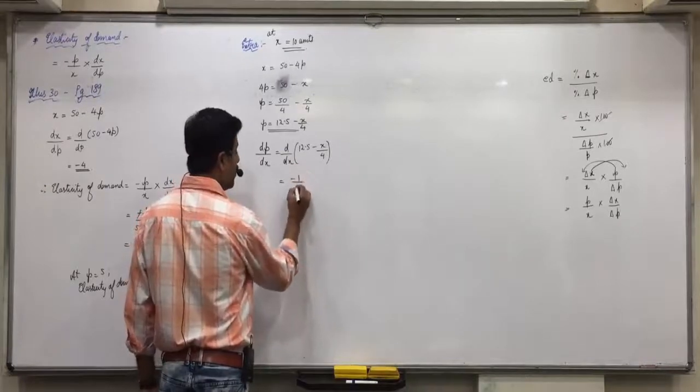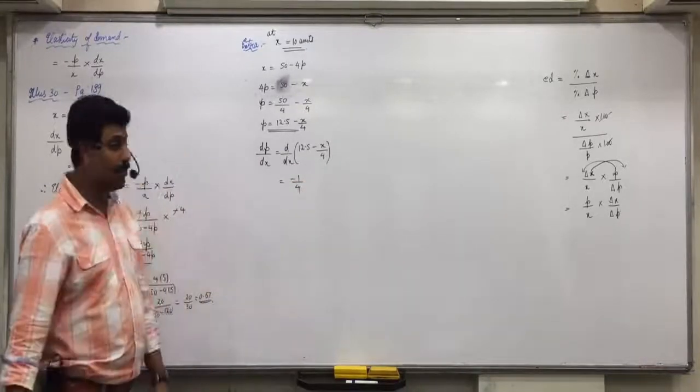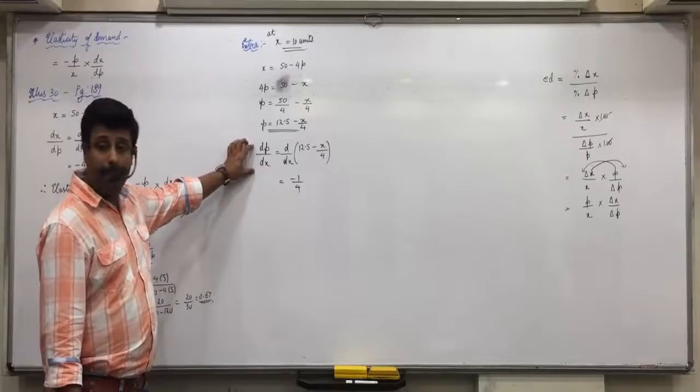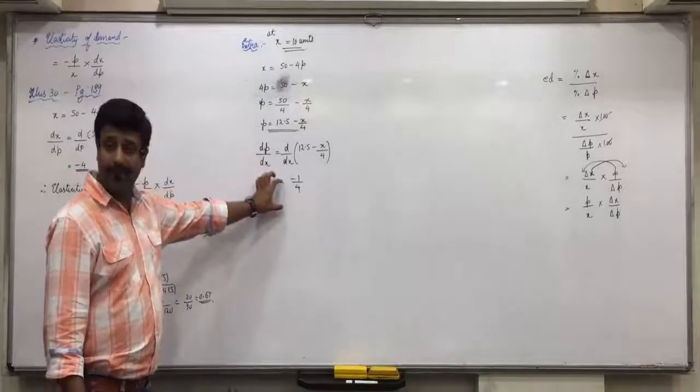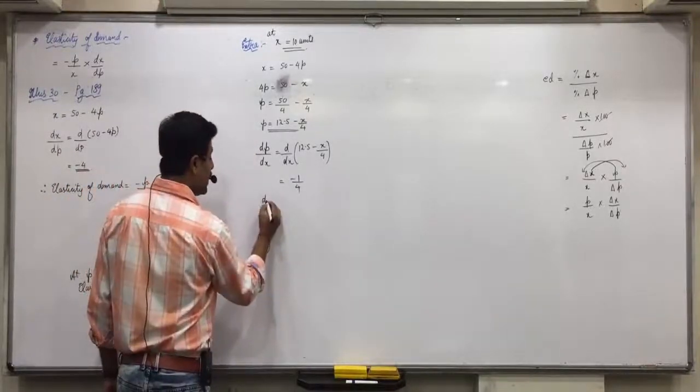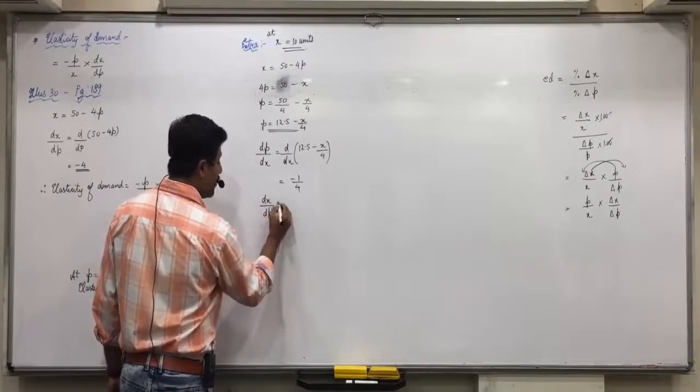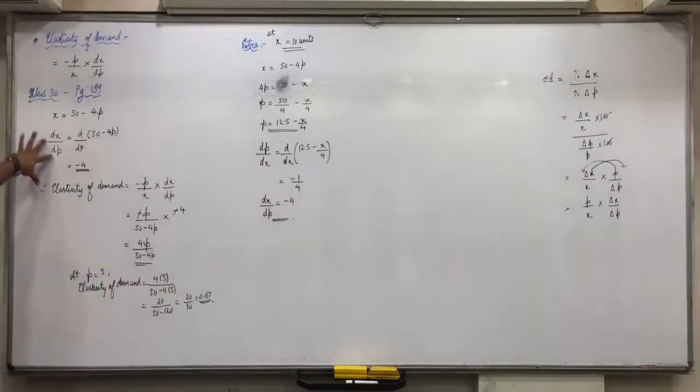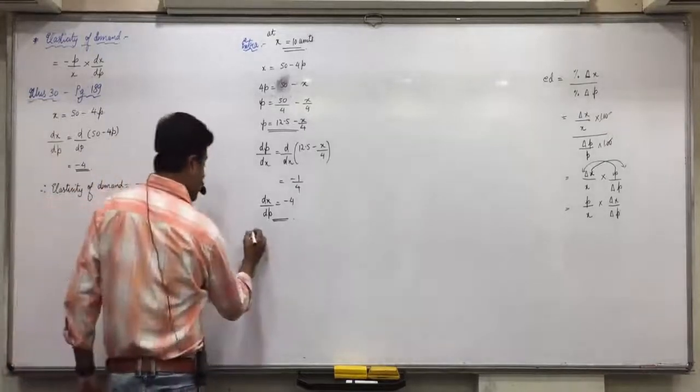Minus x upon 4 becomes minus 1 upon 4. Now, if dp upon dx is minus 1 upon 4, then reverse it. Can I say dx upon dp will be minus 4? So, did we get dx by dp required for the formula or not? Any confusion in this?